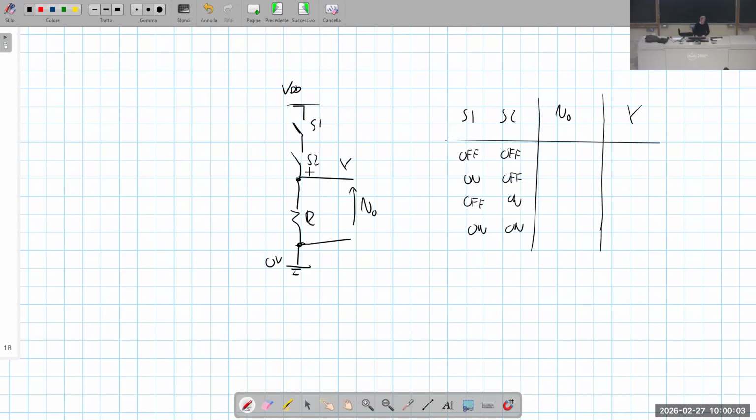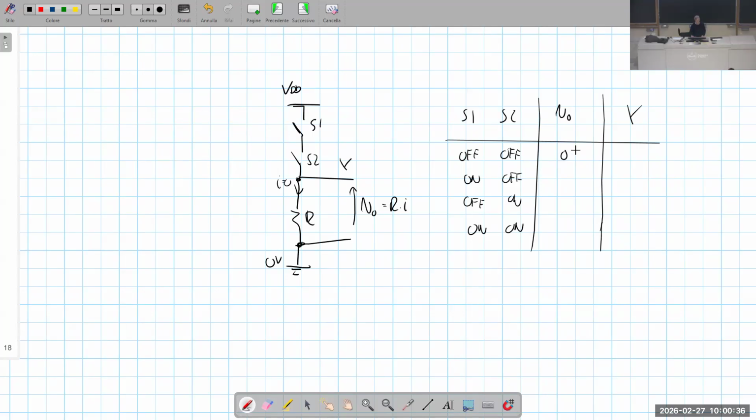If both S1 and S2 are off, what about VO? There is no connection to the supply, so the current flowing in the series S1, S2 is 0, I is equal to 0. Then the voltage across R by Ohm's law is VO equals R times I, and if I is 0, VO is also 0.